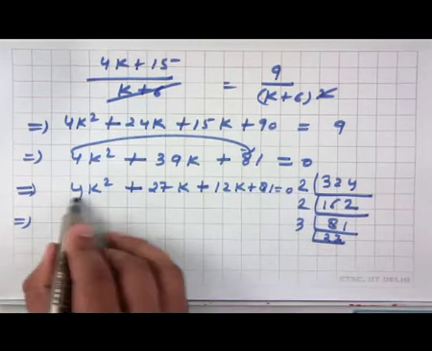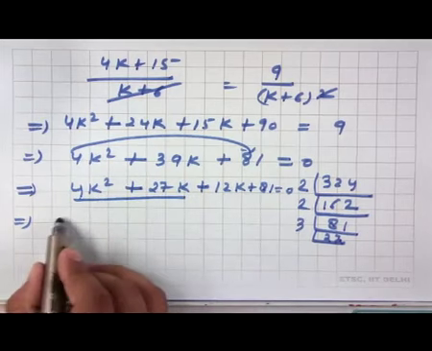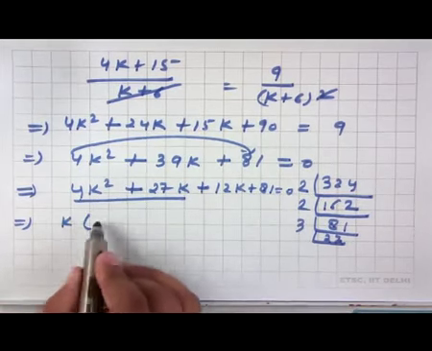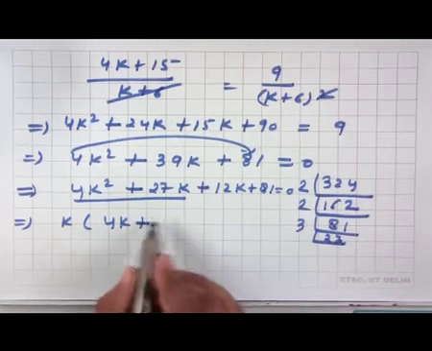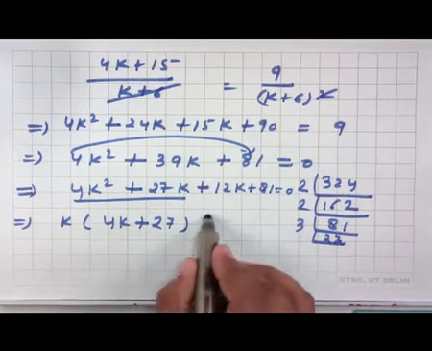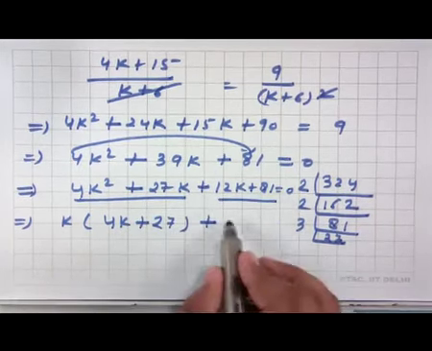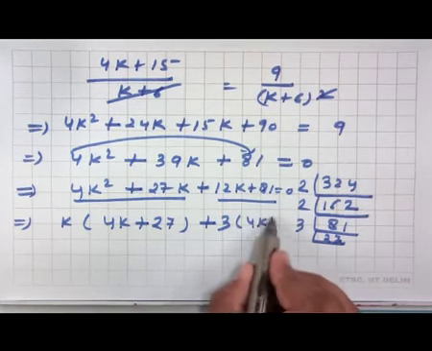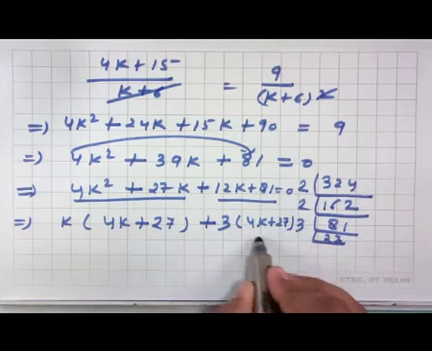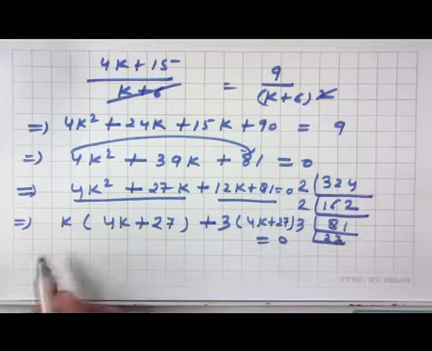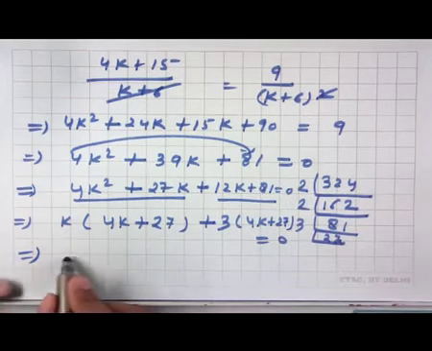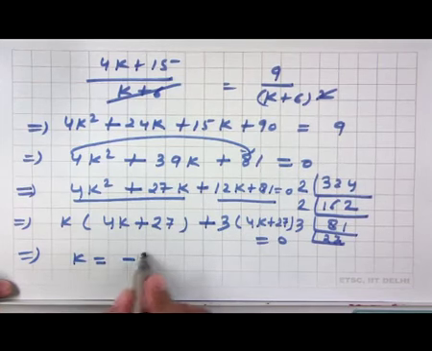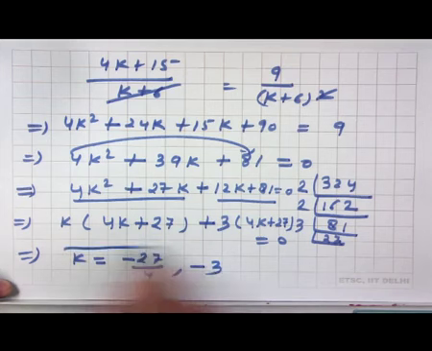Now we can take out the common factor: the common is k, 4k plus 27, and in the last two terms 3 will be common, 4k plus 27 equal 0. Now the value of k is minus 27 upon 4 and minus 3.